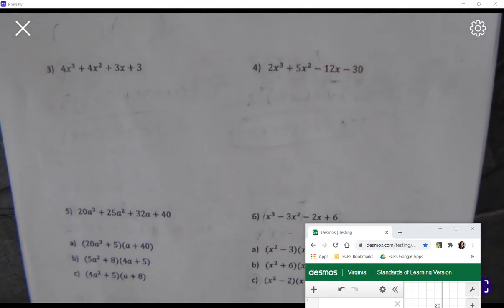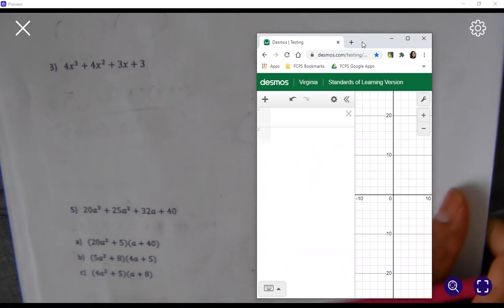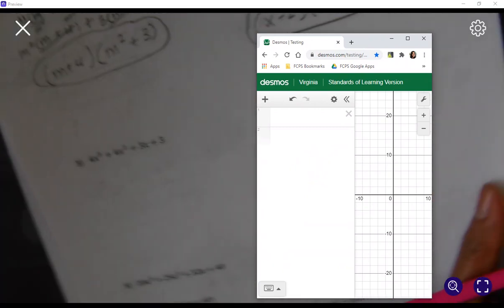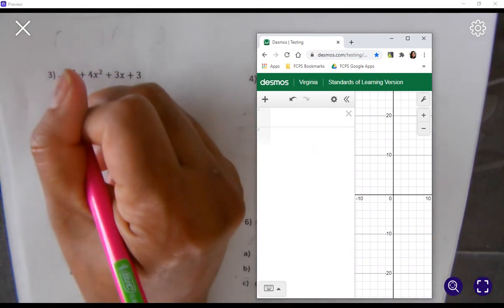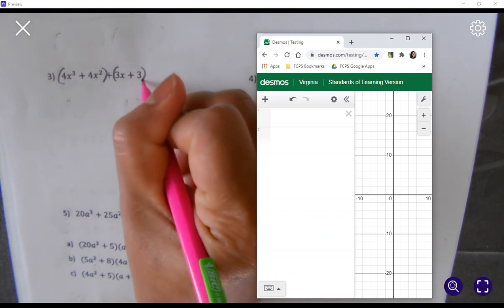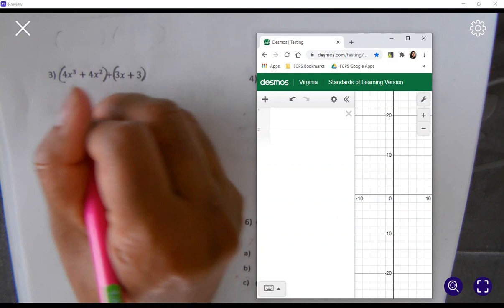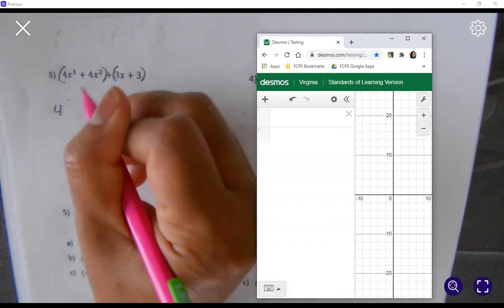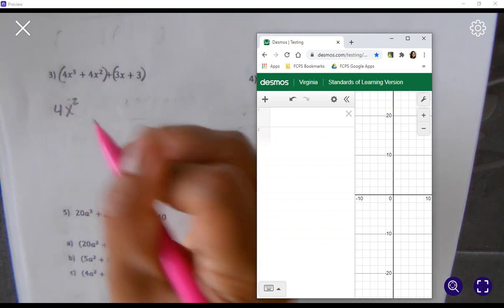Okay, number 3. So I'm gonna just put this here just to see if I need it. All right, so number 3 we have, I'm gonna just group the first two, group the second two, and I'm going to see, well, I can factor out a 4 because 4 is common, and also I can factor out, the most I can do is an x squared.